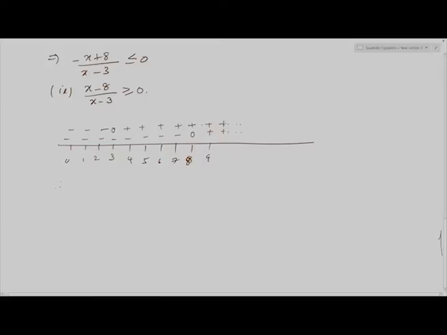So therefore the solution set is from minus infinity to 3. I should not include the 3 because at x equal to 3 it is vanishing, so open bracket, union, then for all x greater than or equal to 8 the inequality is satisfied.